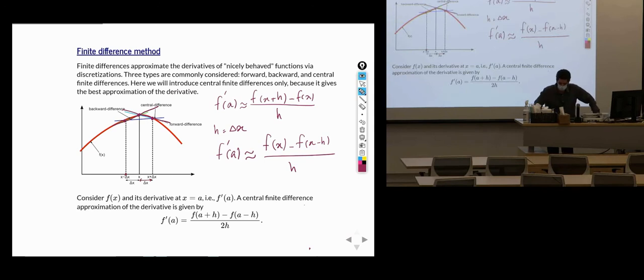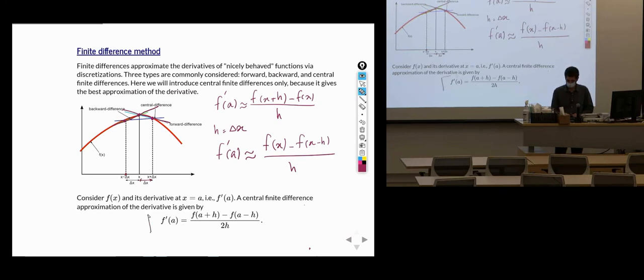Double check, but I think first I wrote it wrong for the backward. But the idea is forward, move a delta forward, take the difference, right? Backward difference is move a delta backward and then take the difference. A better idea is central difference, do both of them at the same time.